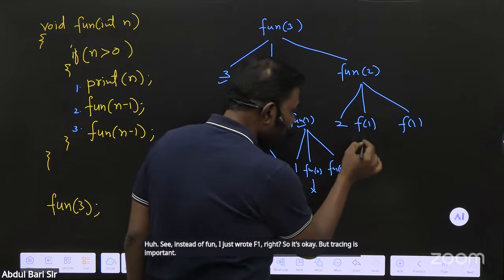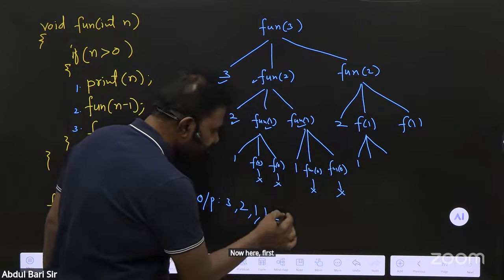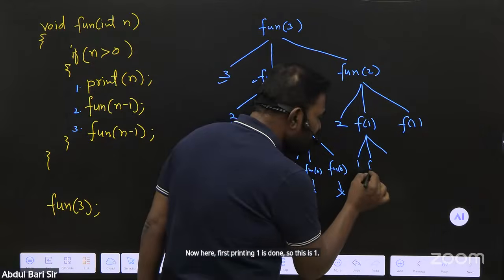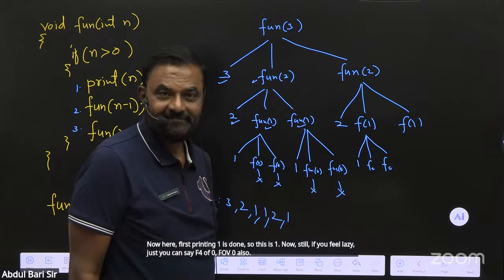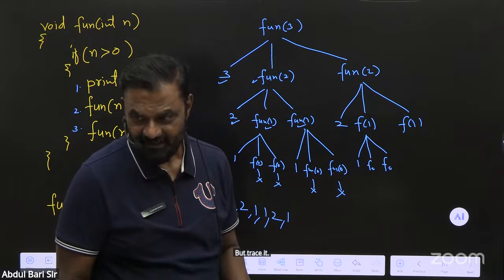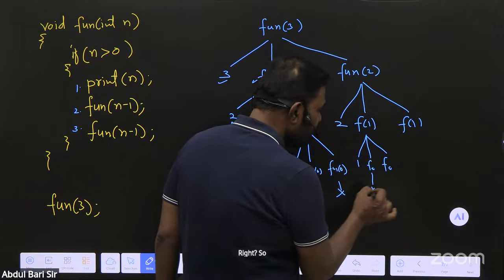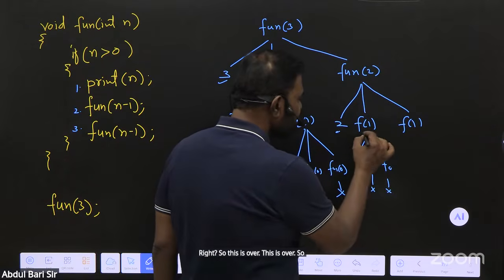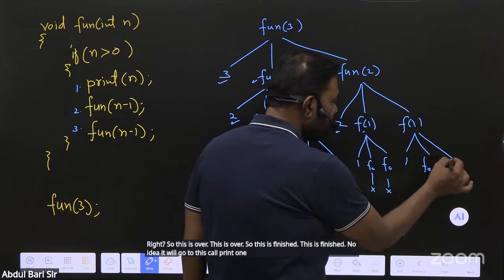Now further, this call is made. Here first printing 1 is done. So this is 1. Still, if you feel lazy, you can say F of 0, F of 0 also. But trace it, and give the answer. So this is over, this is finished. Now it will go to this call: print 1 and F of 0 and F of 0.